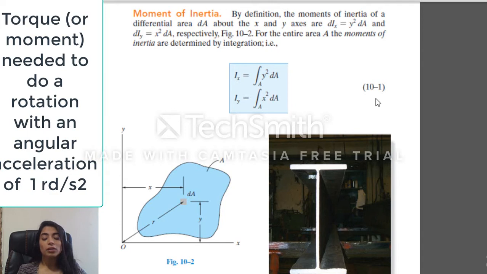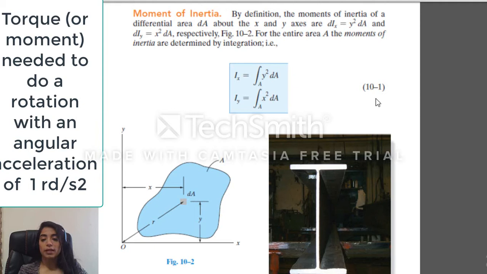Now guys, if I want to make an analogy between the rotational motion and the translational motion, to find the physical parameter in translational motion that is similar to the moment of inertia, I know that the mass is equal to the force needed to do a translational motion with an acceleration of 1 meter per second squared, because I know that F is equal to ma.